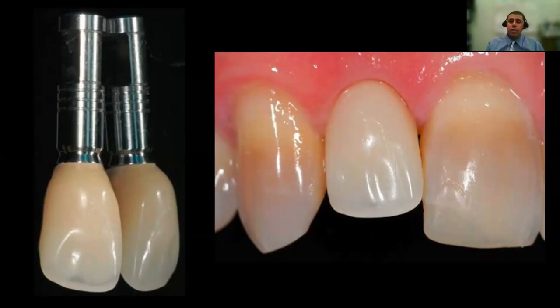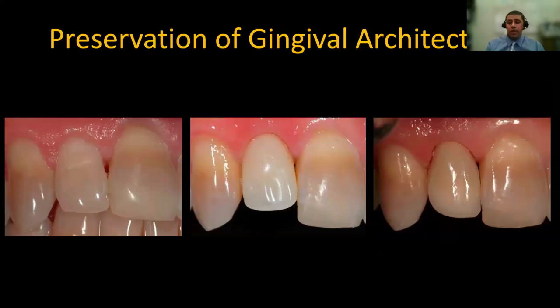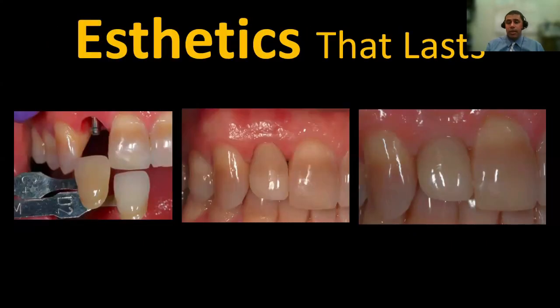I can have immediate provisionalization, immediate support for the soft tissue, and probably more predictability with the healing of that soft tissue around a very good provisional restoration that's highly polished in the short term. And then later on, it can be replaced by the permanent restoration utilizing the same abutment and can achieve very, very good outcomes similar to what you see in this picture.